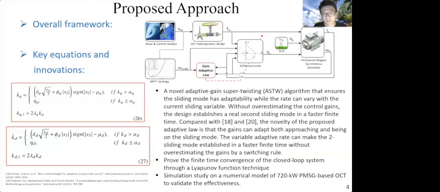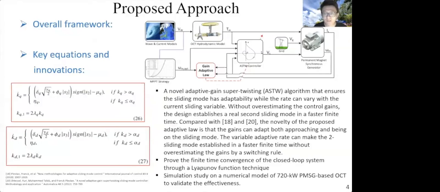The key innovation of the proposed approach is that we propose an adaptive gain super-twisting algorithm that ensures the sliding mode has adaptability while the rate can vary with the current sliding variable. Without overestimating the control gains, the design establishes a real second-order sliding mode in a faster finite time.